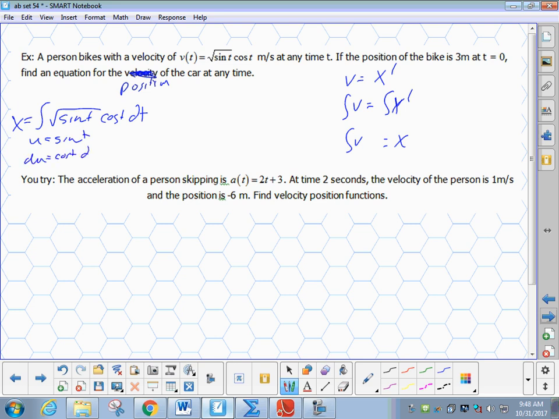Cosine of t dt. So as far as substitution, everything goes easy. x is now the antiderivative of root u du, yeah? What's the antiderivative of u to the half? 2/3 u to the 3 halves. Okay.